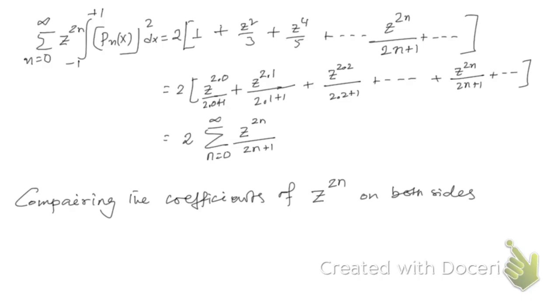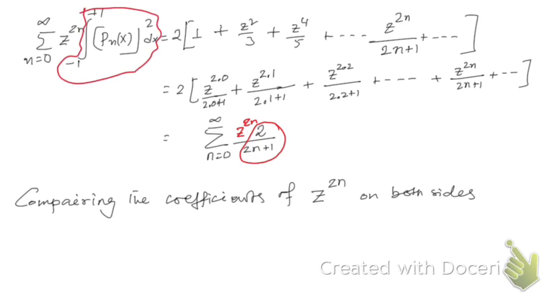From here you see, this 2 can be written here, right? And we can write the term this way. So here this part is the coefficient of z to the power twice n, and here this part is the coefficient of z to the power twice n.